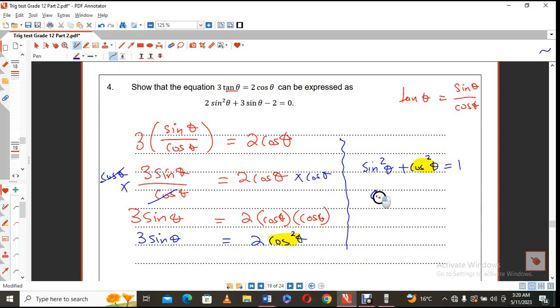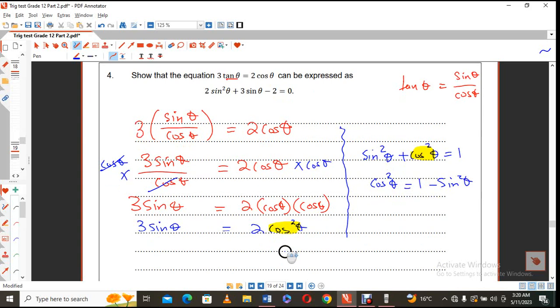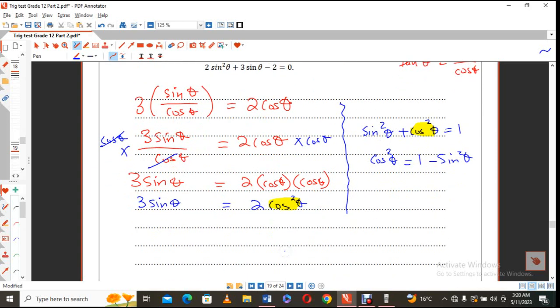That means cos square theta will be 1 minus sine square theta. So I'm going to replace that cos square theta with 1 minus sine square theta. So this is 3 sine theta equals to 2 in brackets 1 minus sine square theta.